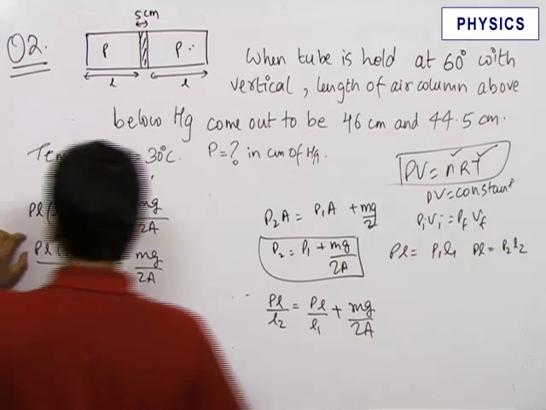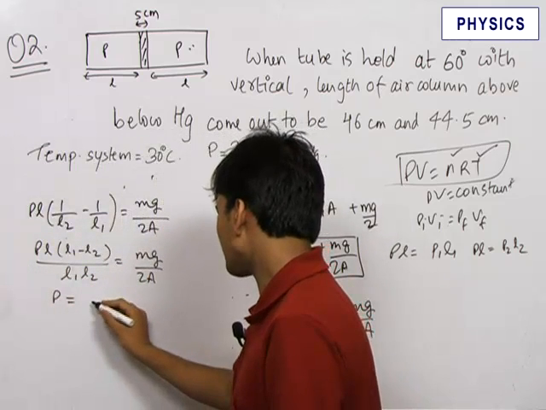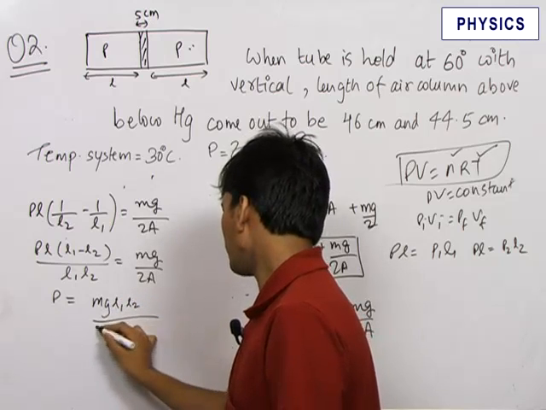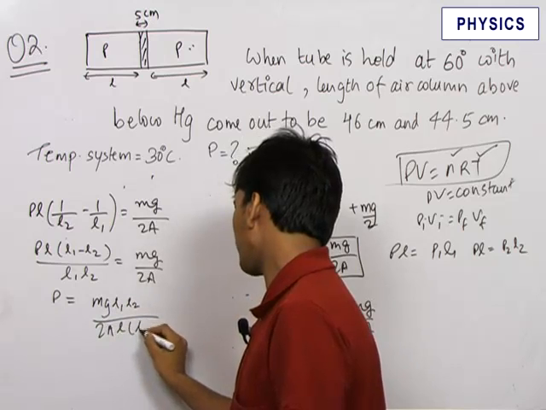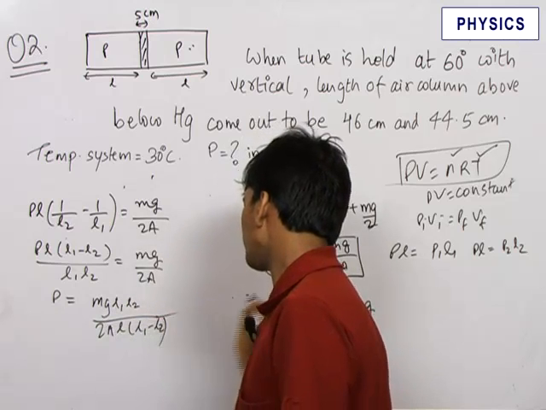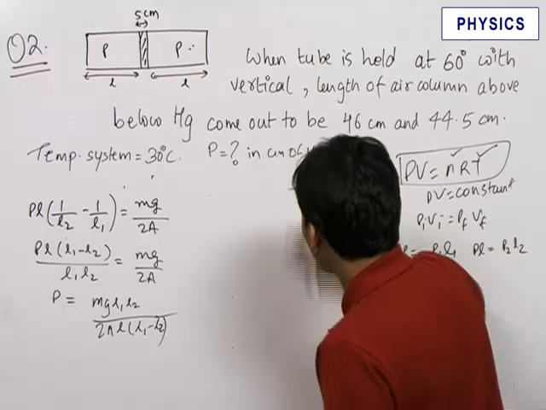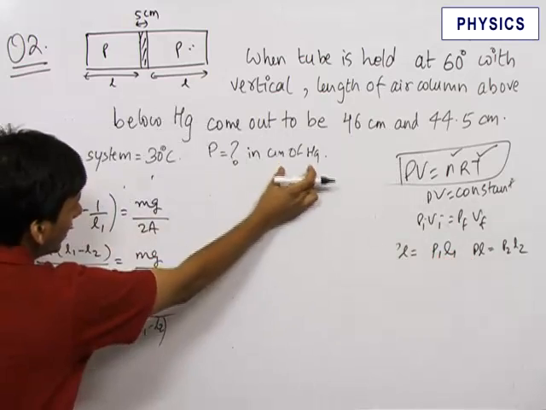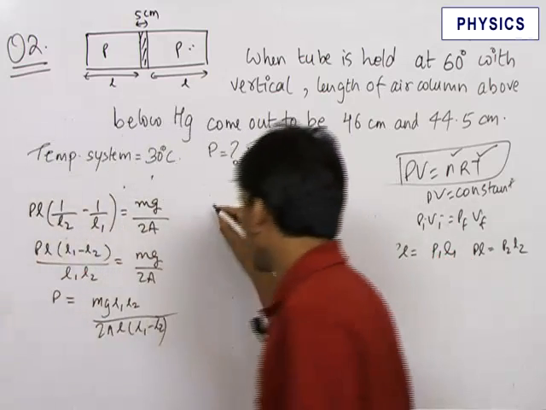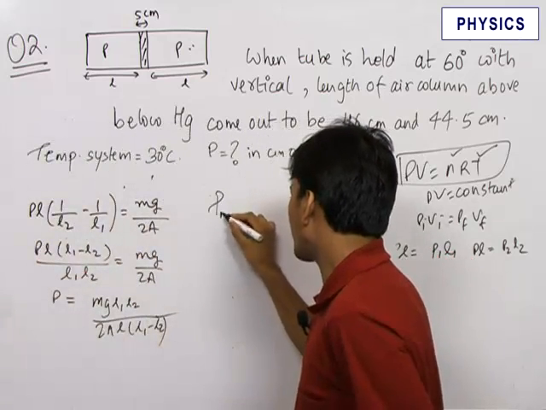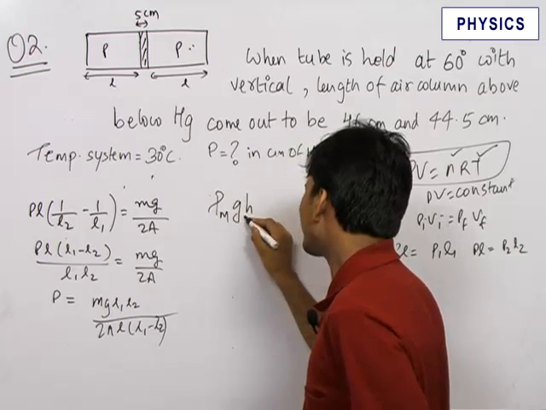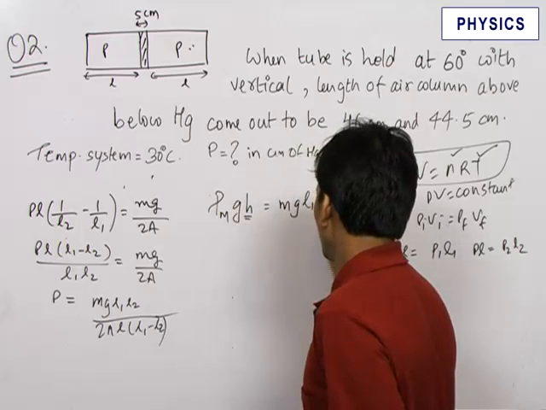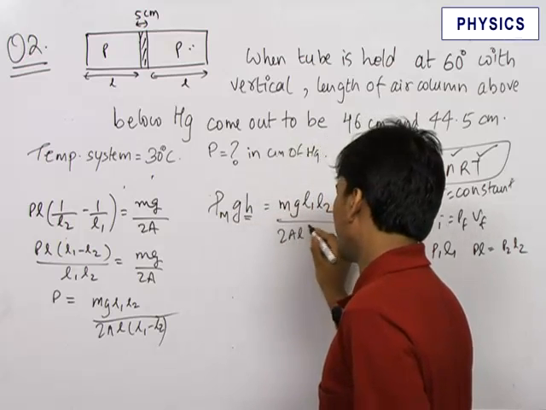Therefore P can be written, we need to find out P. This P can be written as mg L1 L2 upon 2AL into L1 minus L2. Now we need to find out this P in centimeters of Hg. Therefore we write this P as rho of mercury into G into H centimeters of mercury is equal to mg L1 L2 upon 2AL into L1 minus L2.